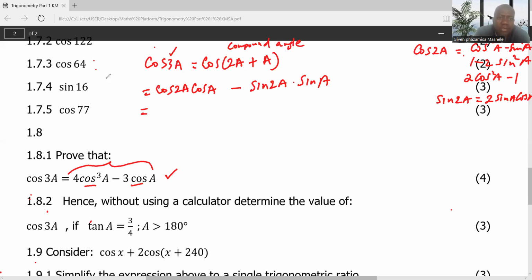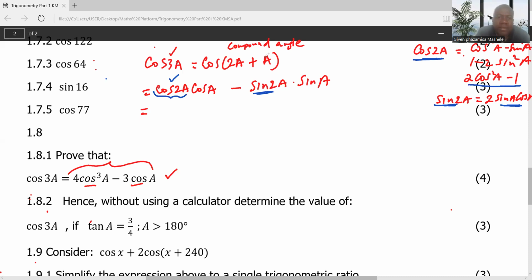Okay? Then look here, guys. This is a double angle for cos, and this is a double angle for sine. Obviously for sine, it means we're going to substitute this. But for this one, we need to be careful. Don't just take any. You need to work smart. Since we want to remain with cos only, you must take the double angle for cos only.